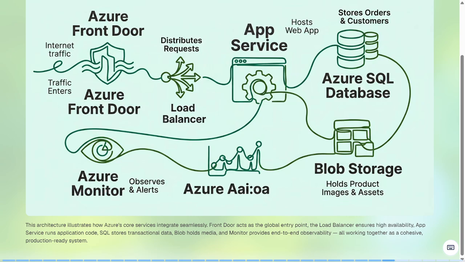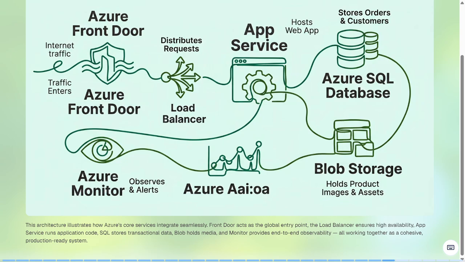Now let's connect everything together. A user opens the e-commerce website. Azure Front Door routes the request to the nearest region. The load balancer distributes traffic across application servers. Azure App Service processes the request.